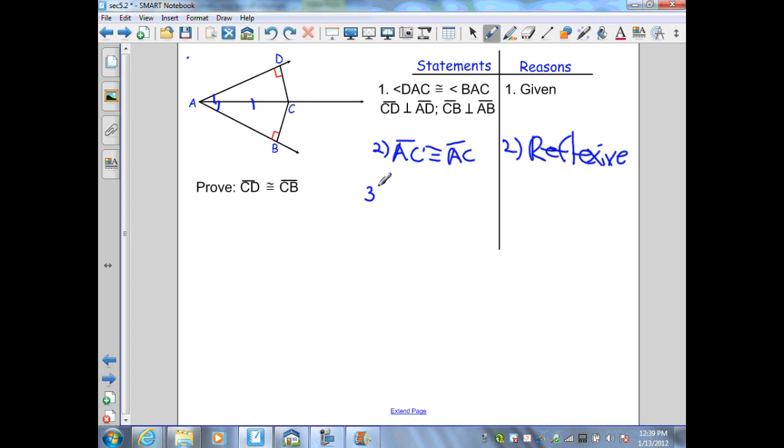With that information, I can get two triangles congruent. That would be triangle BAC congruent to triangle DAC. And the reason would be angle, angle, side.